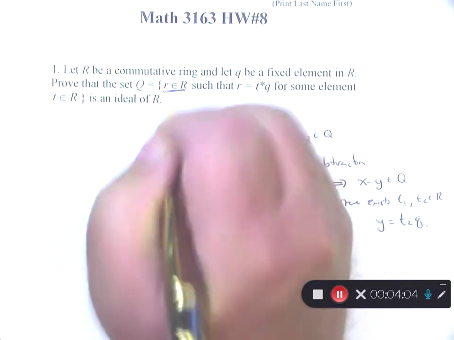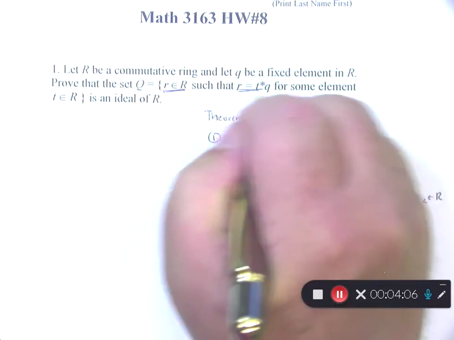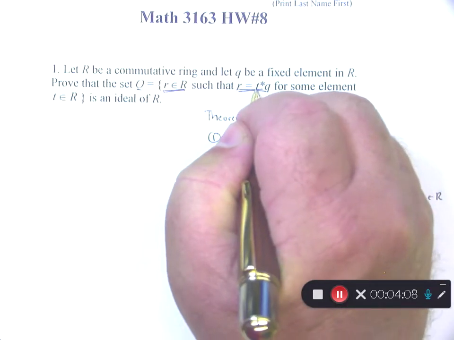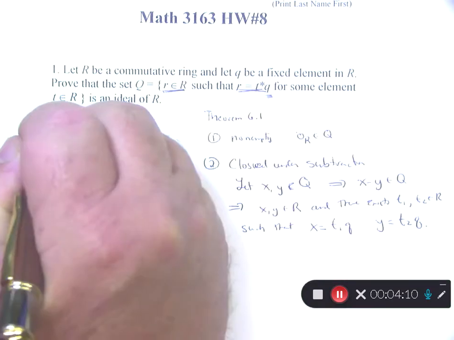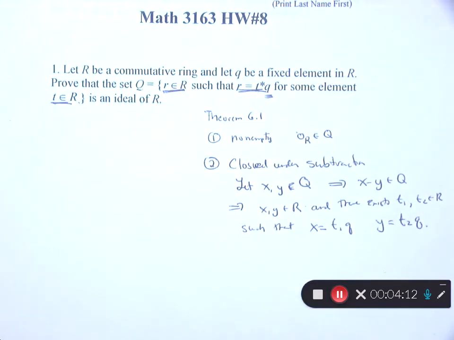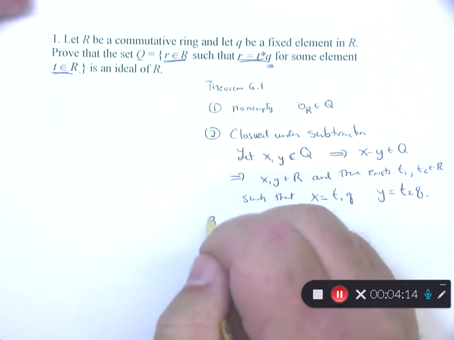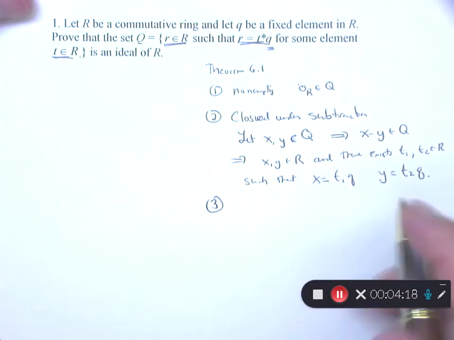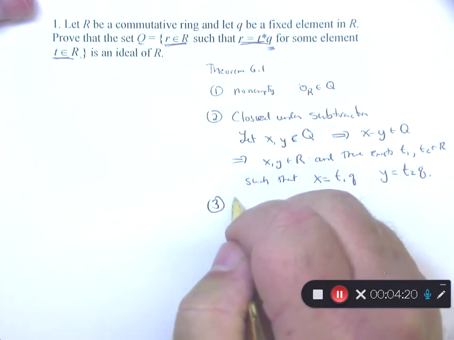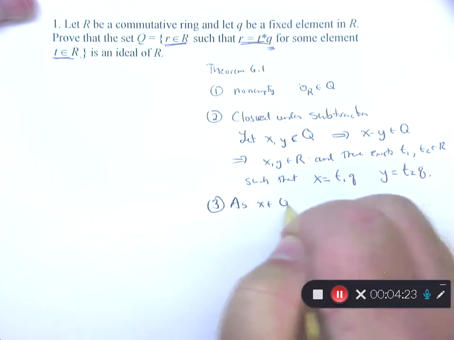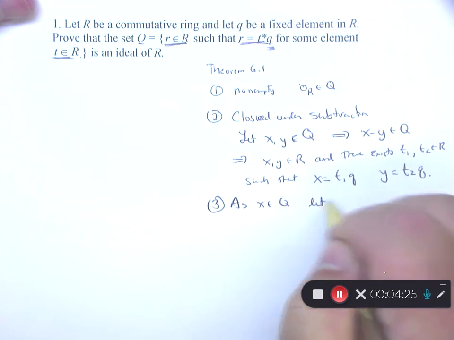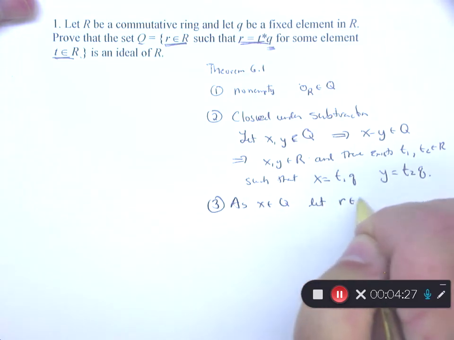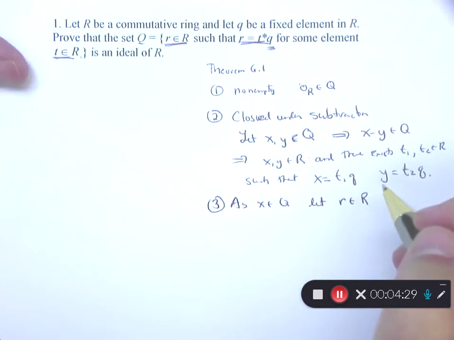The elements have to come from R. The elements have to be equal to another element times Q in the back, where the element in the front came from R. And then for part number 3, this is truly your definition of an ideal part, which is that as X is an element of Q, we're going to let little r be an element of big R. Okay?